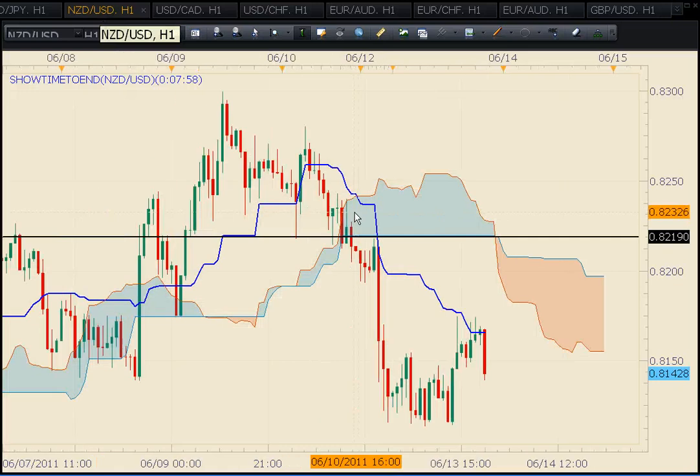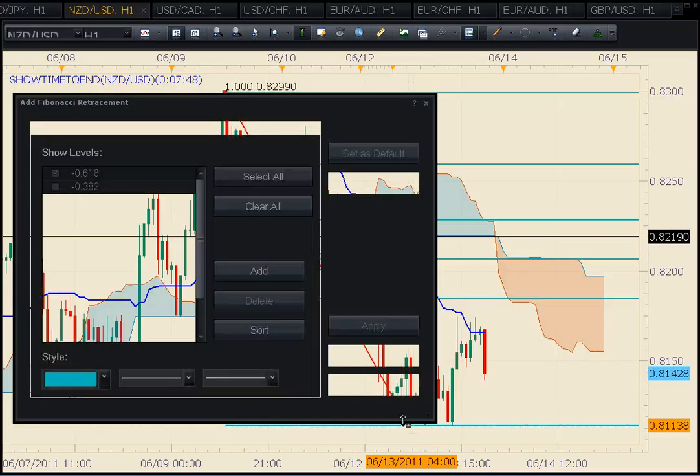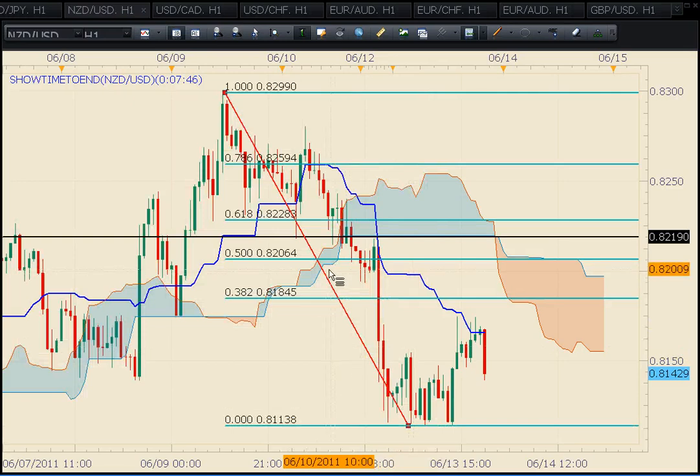Okay, let's look at this. We'll go from this highest high to the low. And when we do that, we see the 50% right on the middle, right on the spot. And then your 61.8, it's not on anything, and your 78.6 is a little bit above.